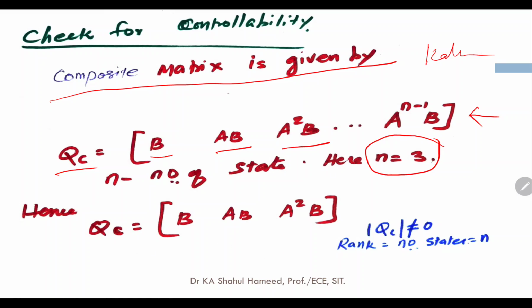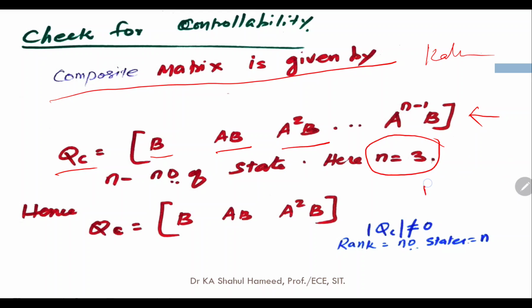Once we form the matrix, we have to find the determinant, and that determinant should not be equal to 0. If it is not equal to 0, then we can say that the rank of the matrix is n, and we have to compare it with the number of states. If that rank is equal to the number of states, then we can say that the system is completely controllable.